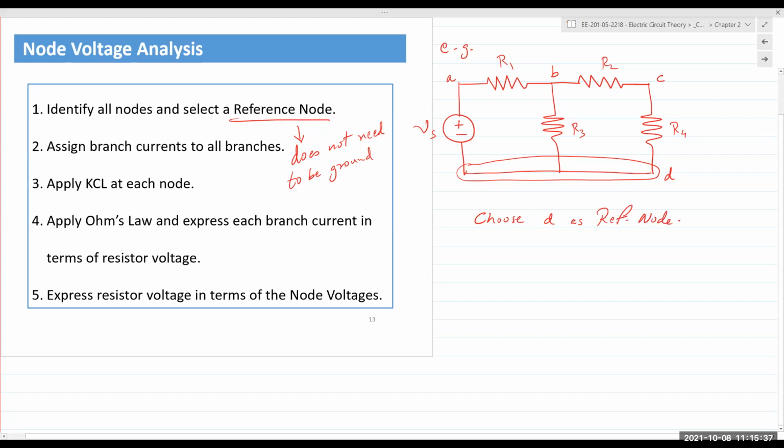So choose D as the reference node. Okay, so that's step 1.